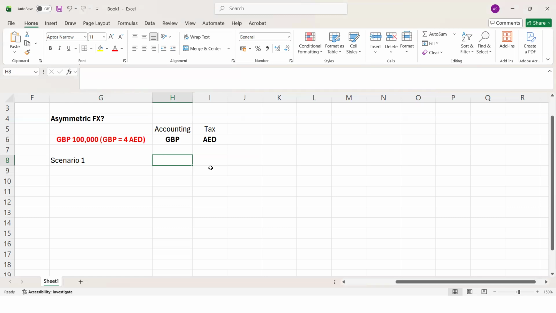Correct. But in tax, let's say that at the time I'm filing, 1 GBP equals 5 AED. So there would be no foreign currency gain in my accounting, but in tax, at the time of conversion, wouldn't there be a gain of 100,000 AED?